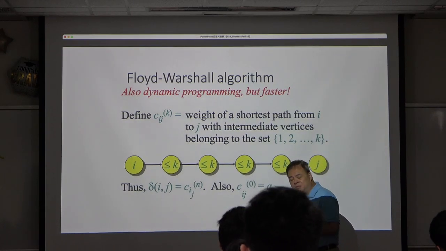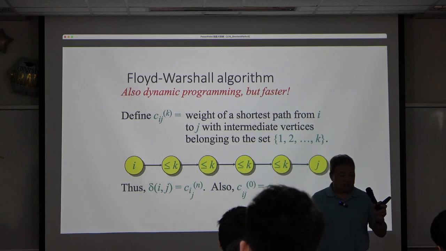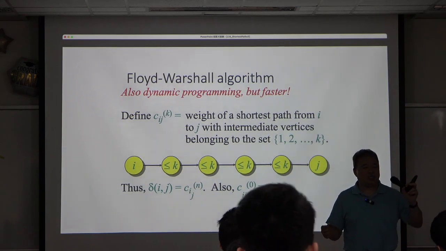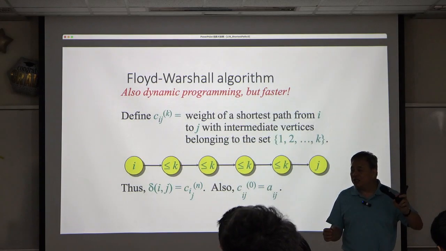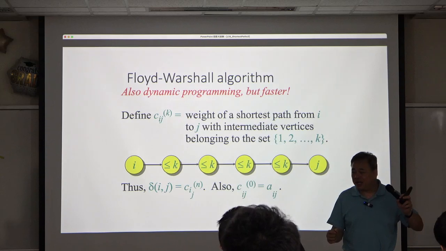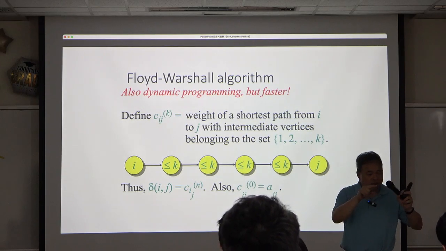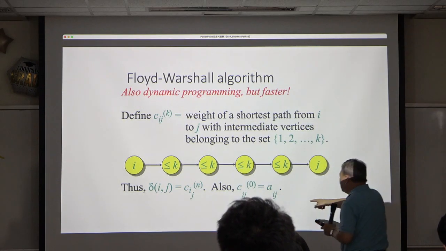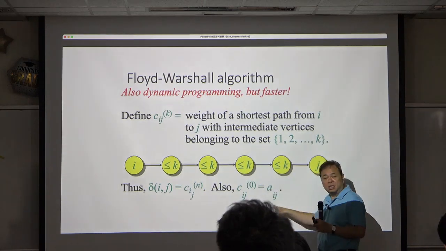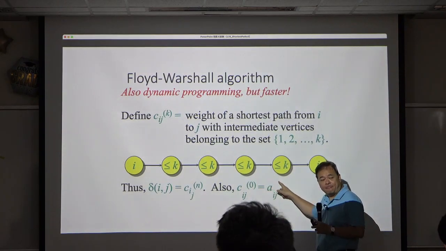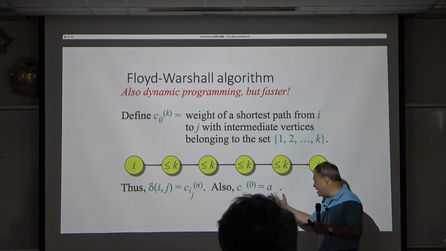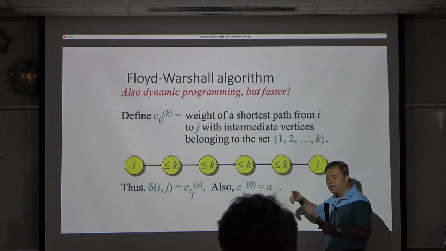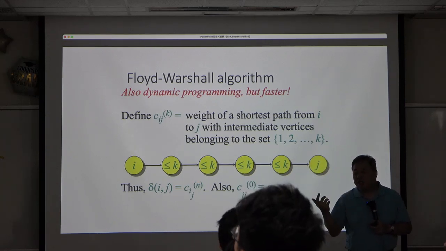And if you have no intermediate node, that means you can only have a direct link from I to J. So that's Aij. If you don't have an edge from I to J, then obviously it's going to be infinite.